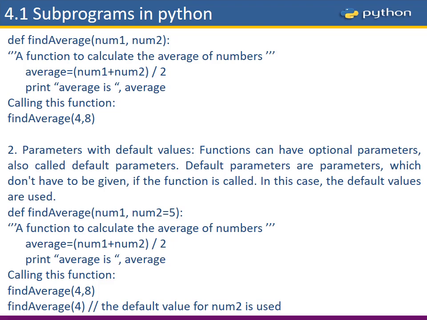So find_average(4, 8) calls the function, and when you print the average, the output will be 6.0, which is 4 plus 8 divided by 2, and we print the average.